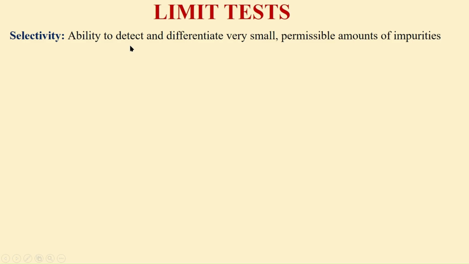If I add a reactant, it should react selectively with either chlorides or bromides or fluorides or iodides. If it reacts only with chlorides, it gives the limit test for chlorides. If it reacts with all halide ions, then it is not selective in nature. How selective the test is depends on how specific and how sensitive the reaction is. Based on this, we design the limit tests.